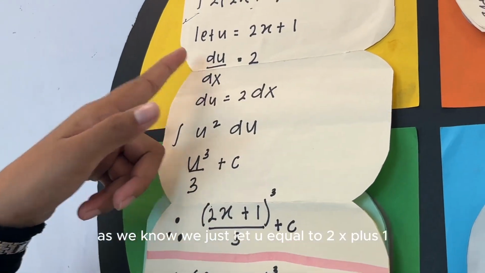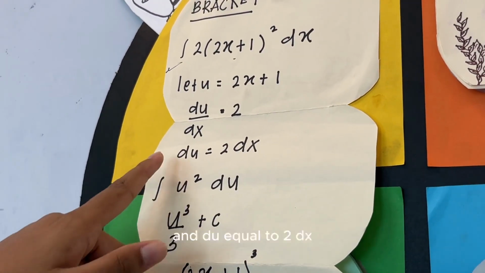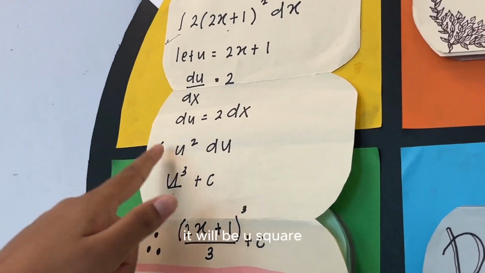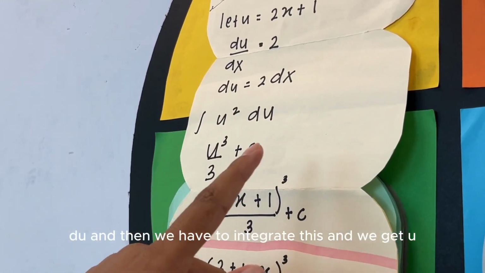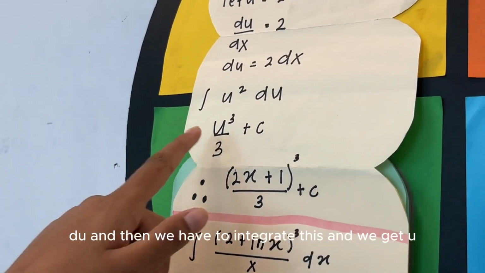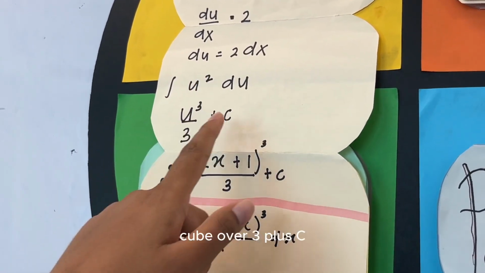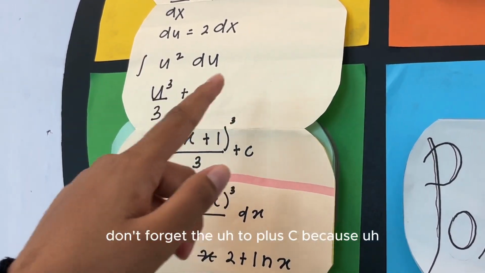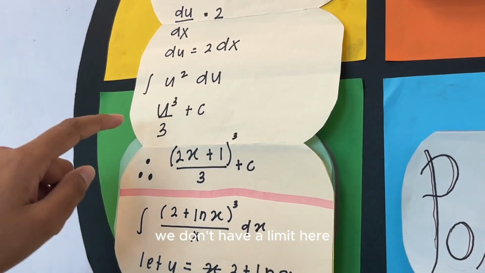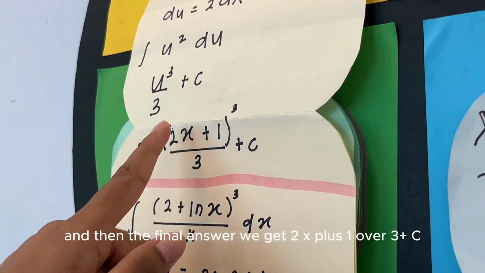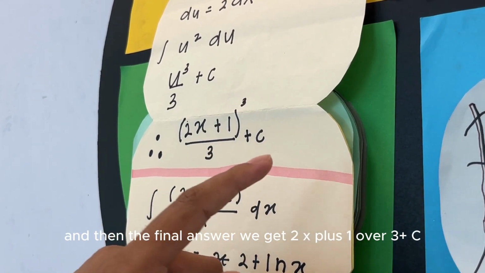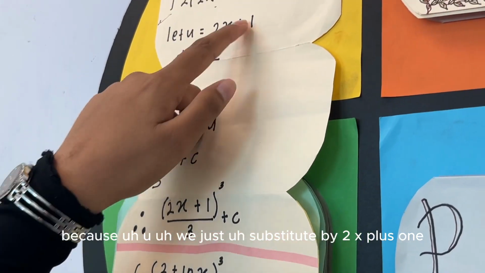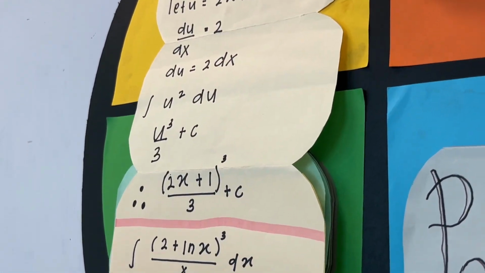As we know, we let u equal to 2x plus 1 and du equal to 2 dx, and then we can write it like this. It will be u squared du, and then we integrate and we get u cubed over 3 plus c. Don't forget to add c because we don't have a limit here. The final answer we get is (2x plus 1) cubed over 3 plus c, because u we substitute by 2x plus 1.